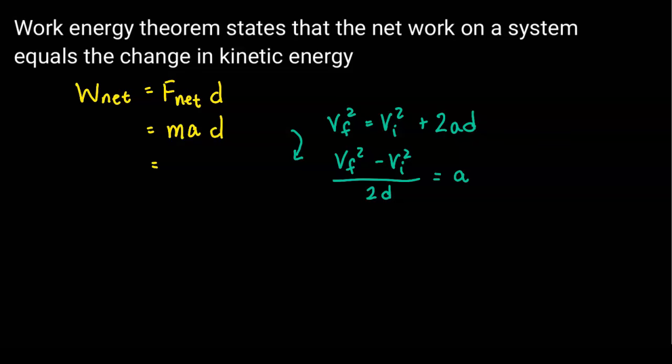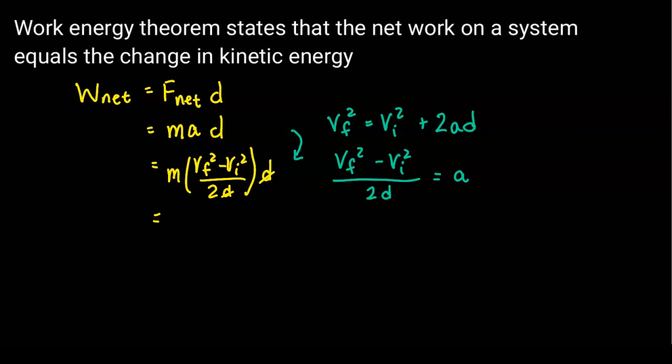I'm going to substitute the acceleration in here, so I have m times Vf squared minus Vi squared divided by 2d, and there's going to be another d, and you'll notice that the d's will cancel out.